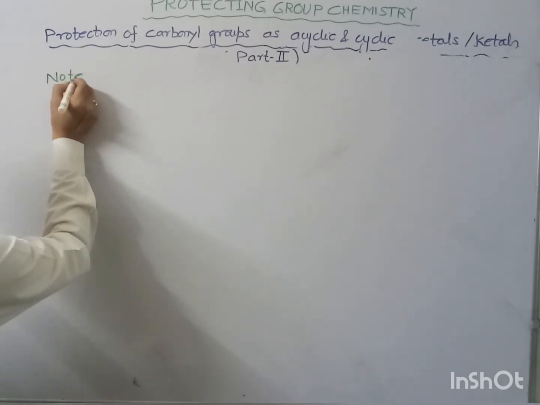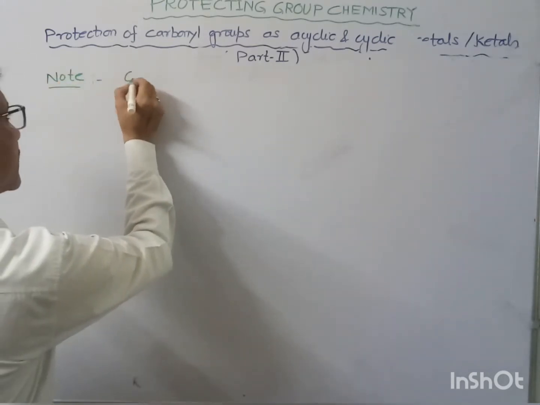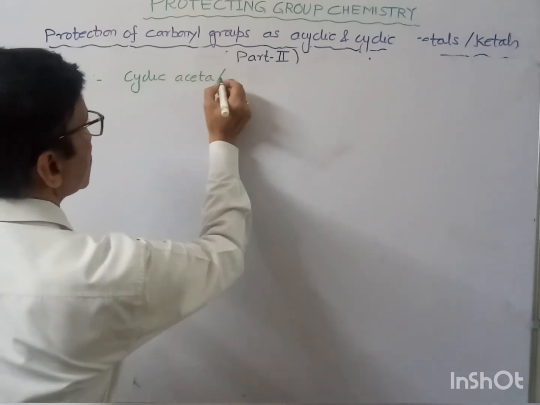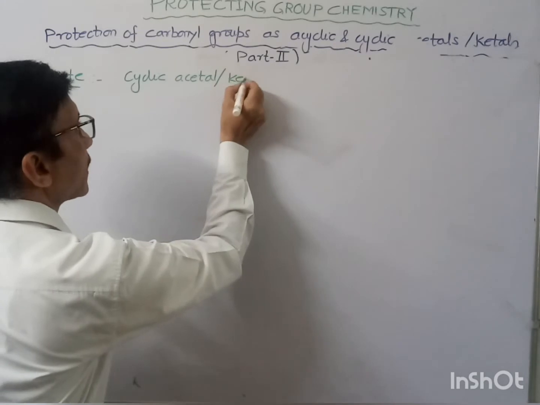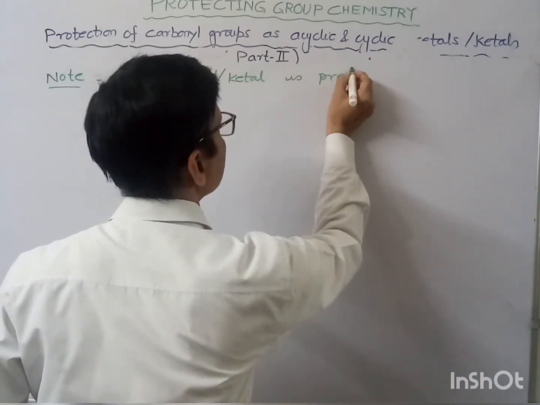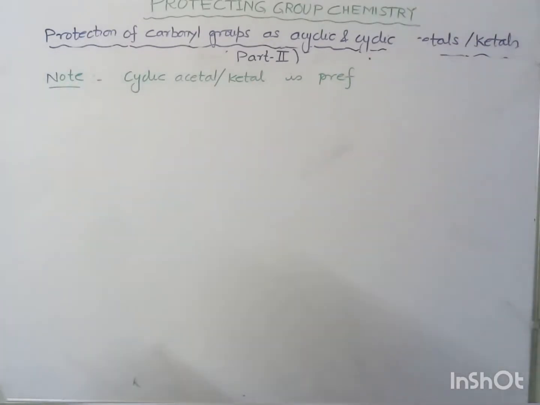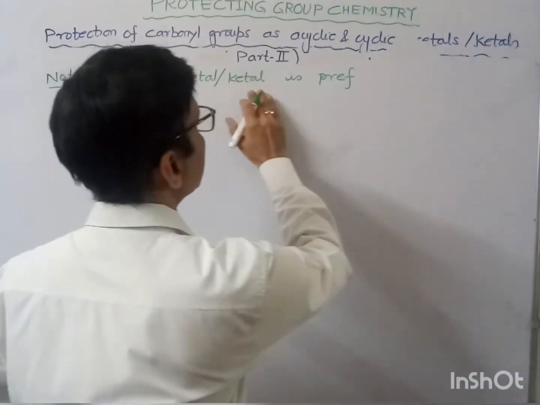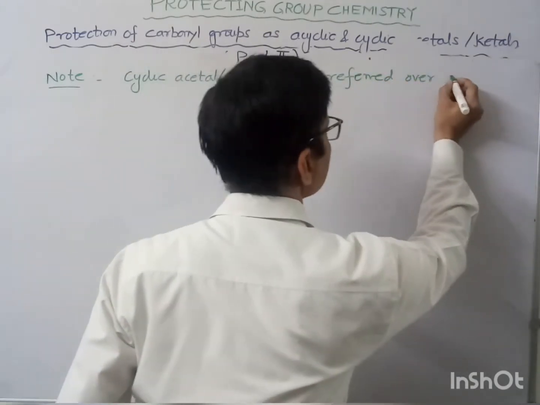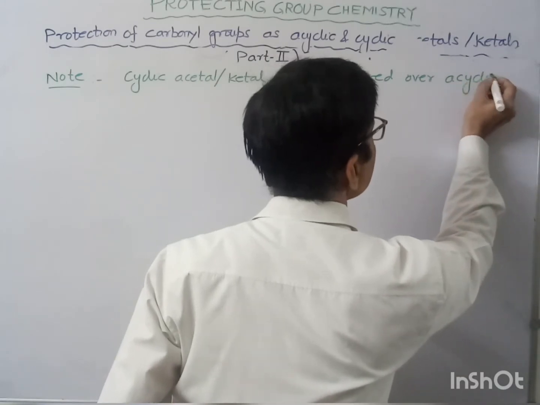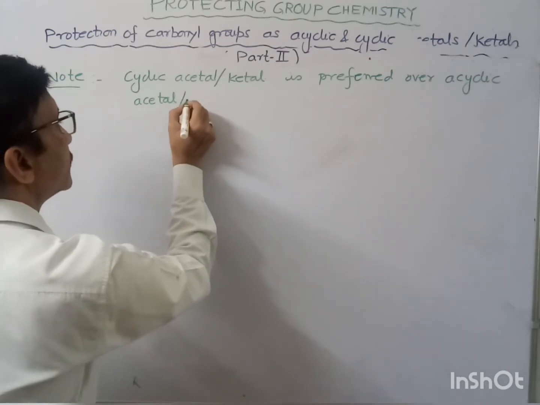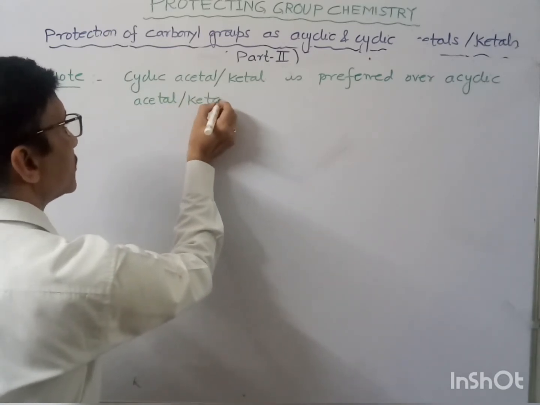You may note that cyclic acetal or thioacetal or thioketal is preferred over acyclic acetals and ketals. The reason is the entropy advantage.